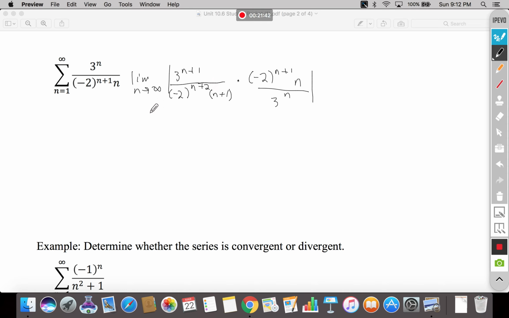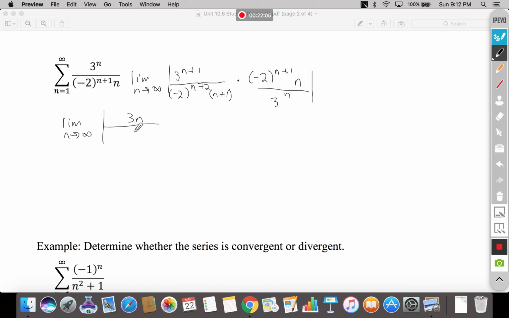All right, let's write that out. This is going to be the limit as n approaches infinity of the absolute value of, cleaning up my 3 to the n plus 1, 3 to the n will leave me 3 up top. And I'll have an n left over up here. Over negative 2 to the n plus 2, negative 2 to the n plus 1.